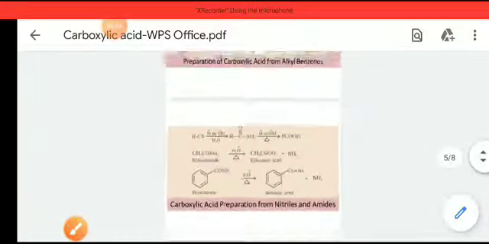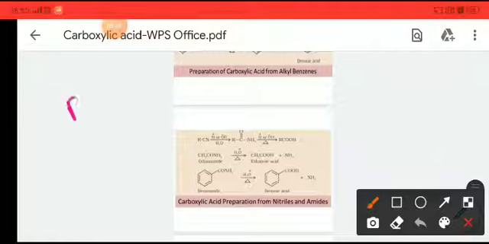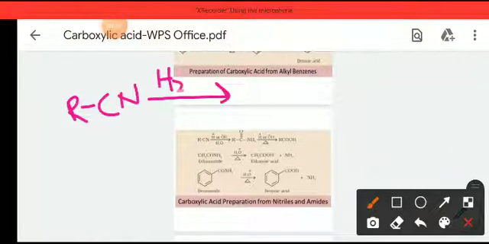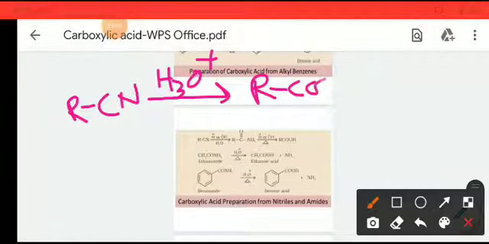If we use any mineral acid H3O+ on RCN, it will give a carboxylic acid, RCOOH.